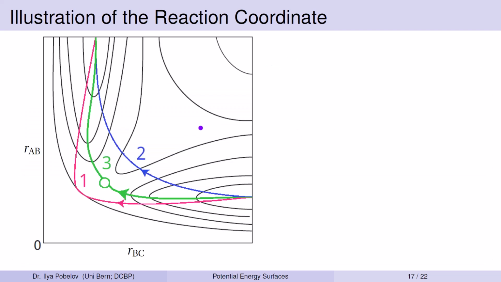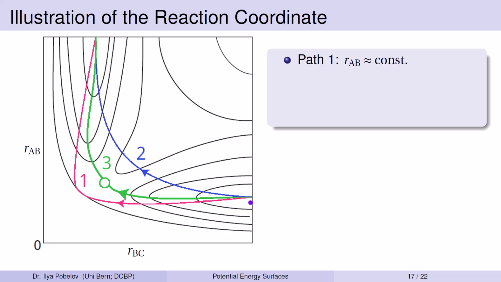Consider now how the potential energy changes as atom C approaches the AB molecule. If the distance AB remains approximately constant during the approach, the system follows a path similar to that marked 1 in the figure.